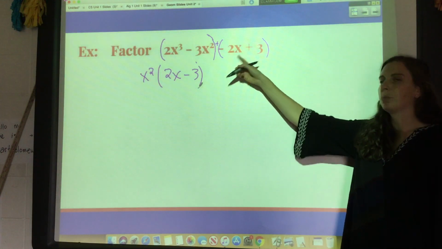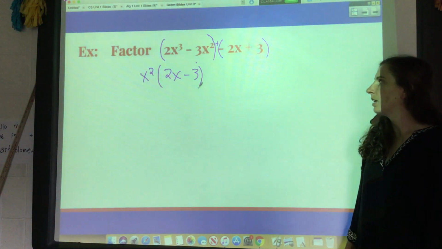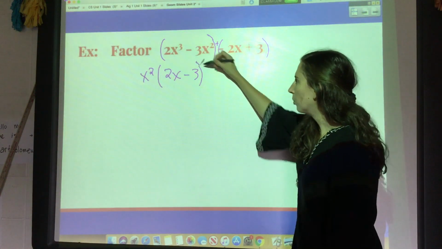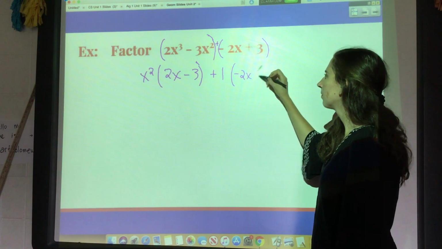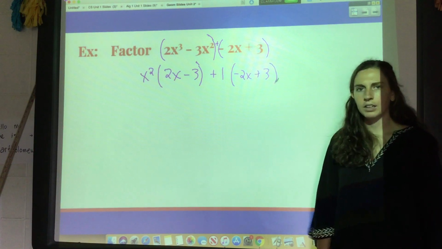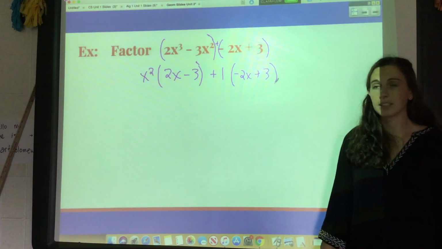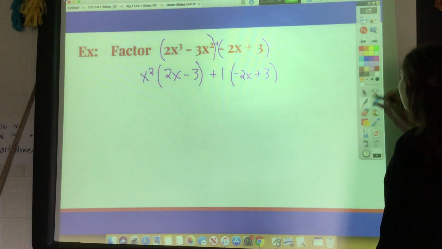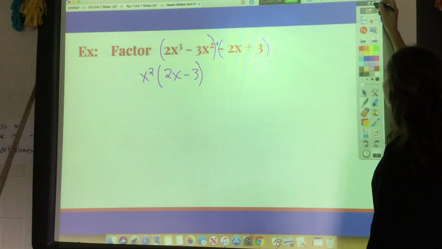On the second group, again, we can't really divide by much of anything, so maybe we'll try putting a 1. But if we do that, notice this doesn't match this, and so we're going to need to try something else. Instead of a positive 1, let's try a negative 1.